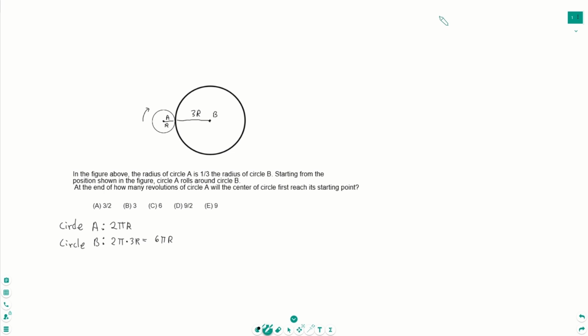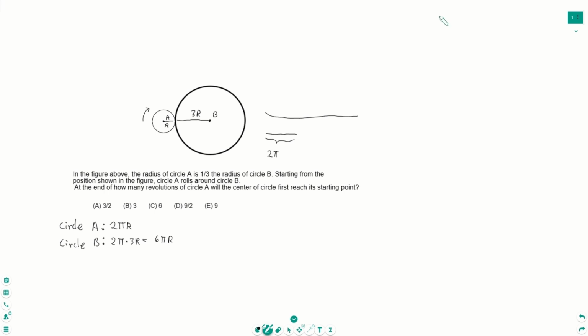Okay. Now you may think that the answer is B, so 3. Because if I took a rope and put the rope around the smaller circle and the next rope around the bigger circle, I could see that the shorter rope that demonstrates the circumference of the smaller circle is exactly three times shorter than the rope that demonstrates the circumference of the bigger circle.